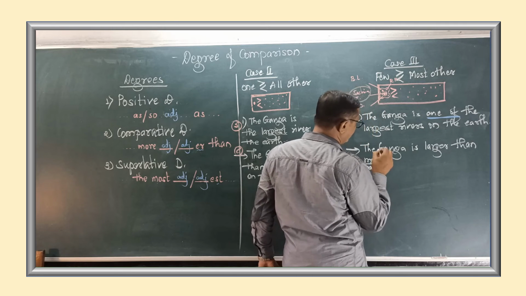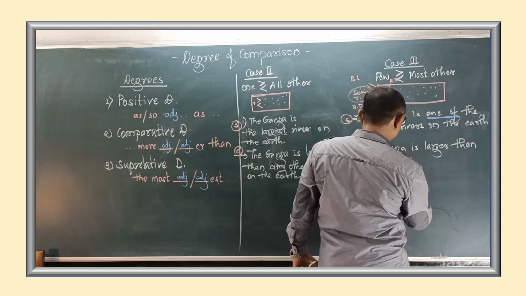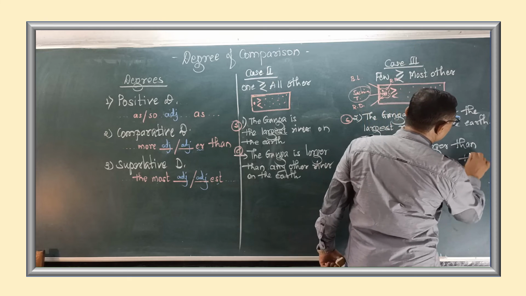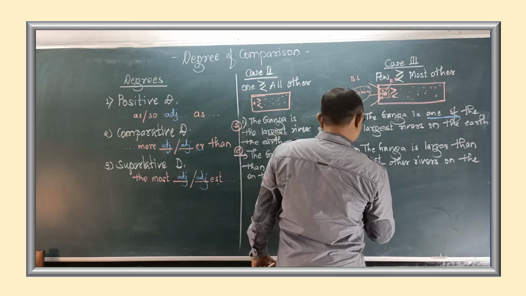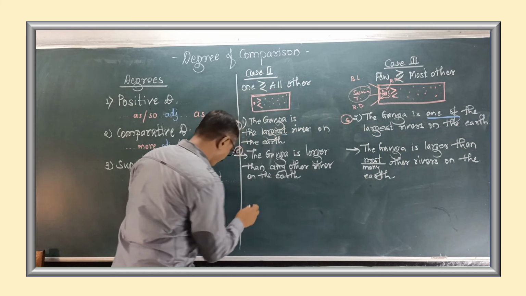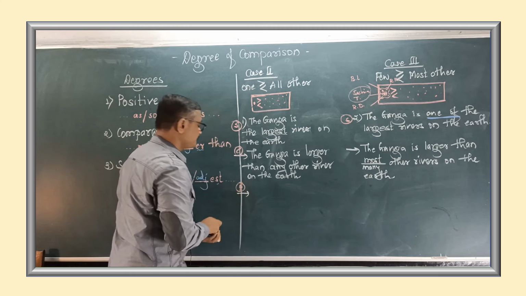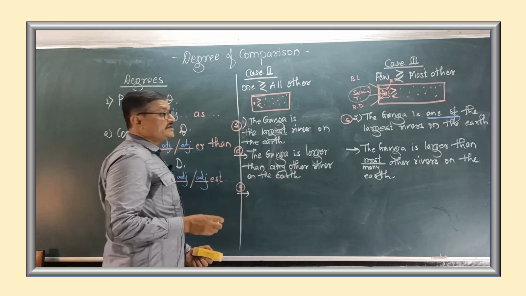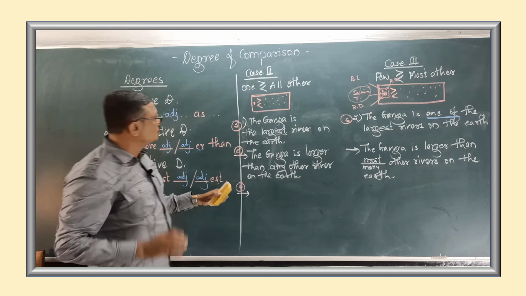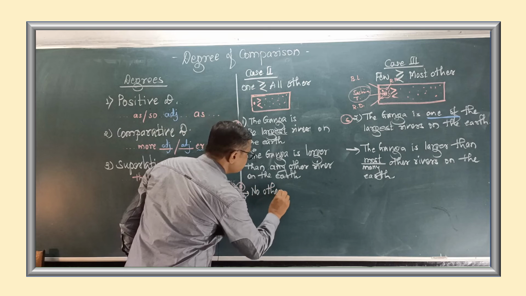Any word out of these you can use. Than most other rivers on the earth. And for the positive degree, the beginning changes. For case number 2, no other is used.